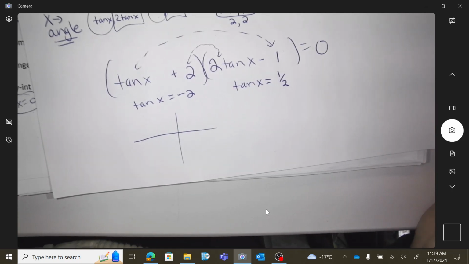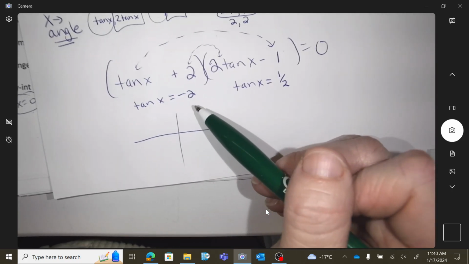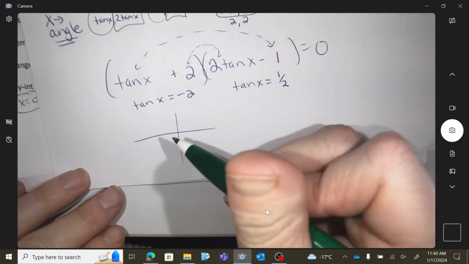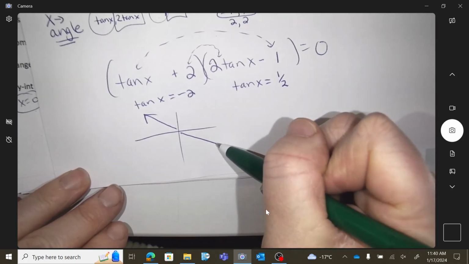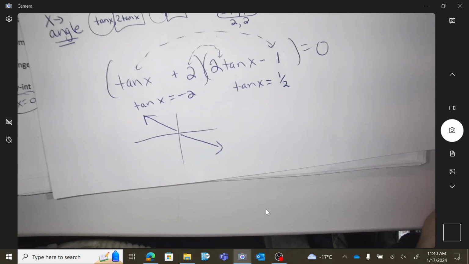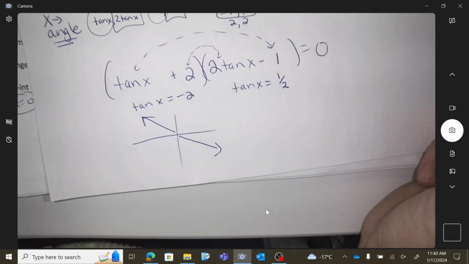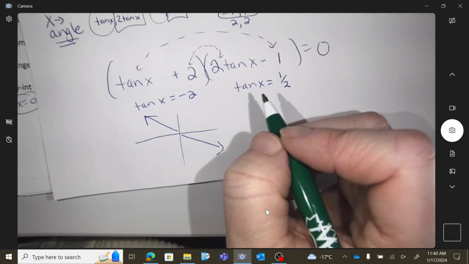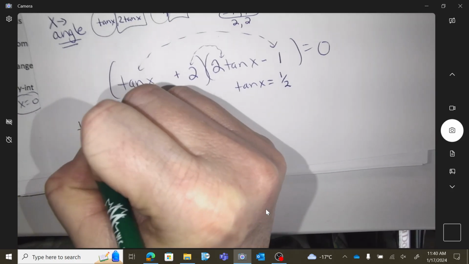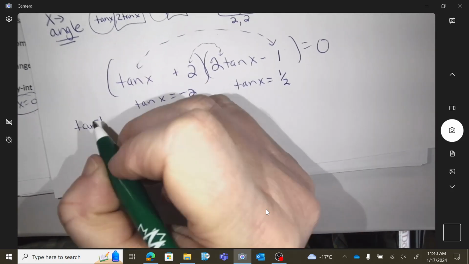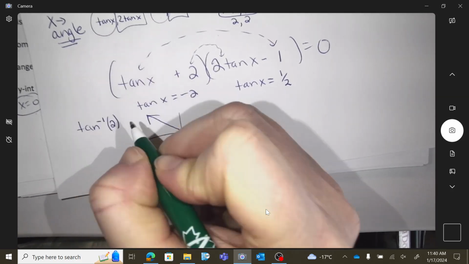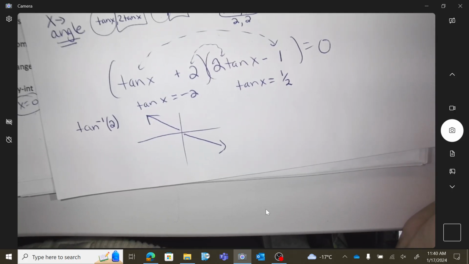So we're going to do this separately. Where is tan negative? So negative. Now I'm going to activate angle stuff. So how do I activate angle mode? I do an inverse. Here's the rule.